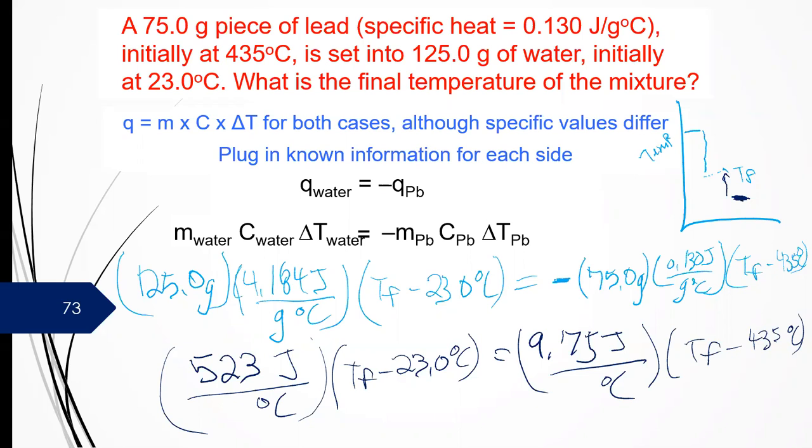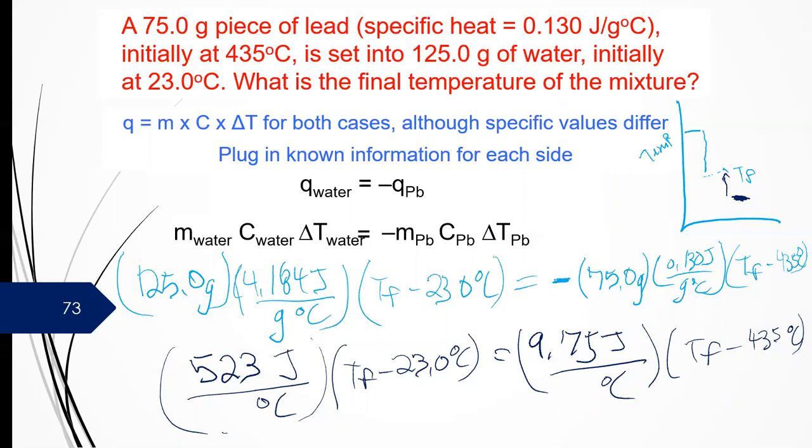So I'm going to distribute this 523 to its final temperature and then its initial one. I'm going to spread that out for each of them.